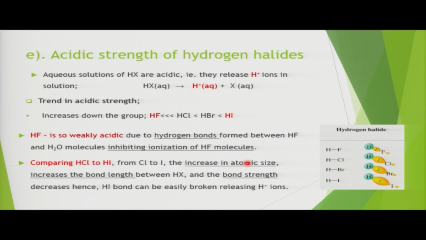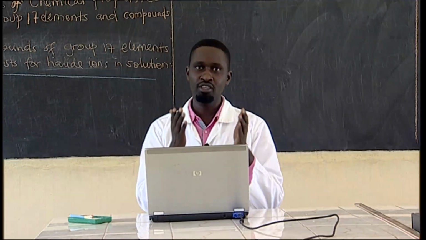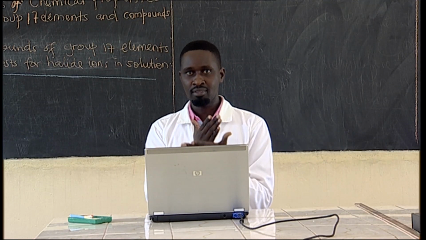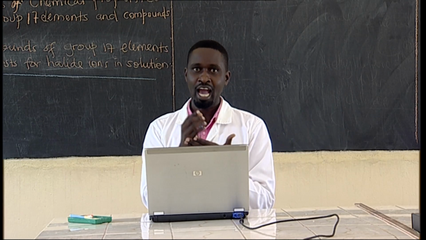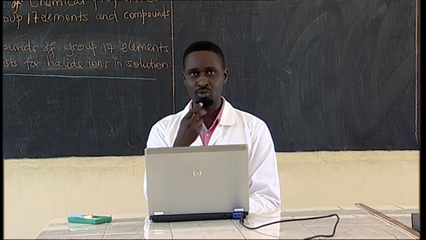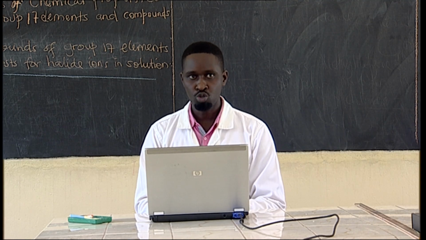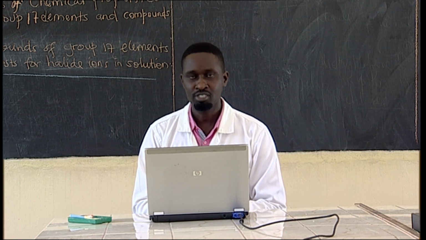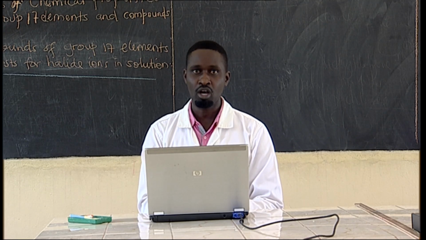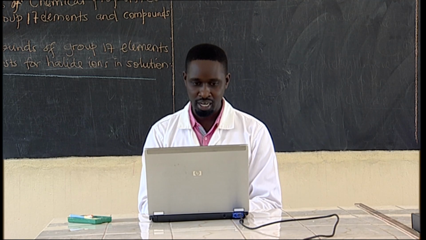So basically, that is it with the general physical properties. You notice we relied much more on the bond length and the bond strength. Actually, it is the most important component when it comes to covalently bonded molecules like hydrides of group 7. It is one of the aspects you have to always look at.